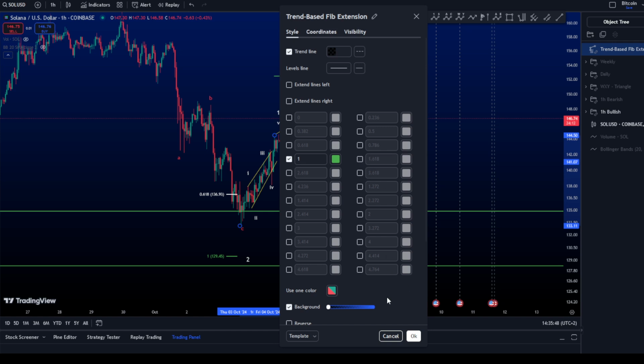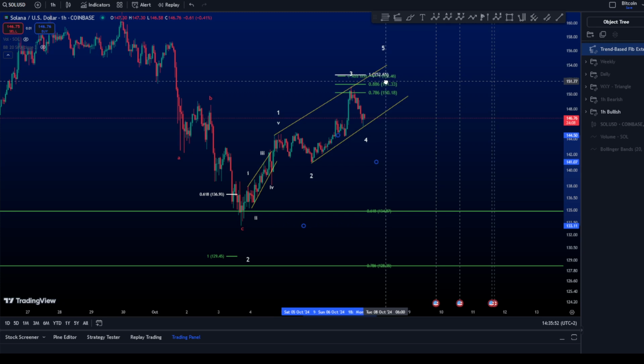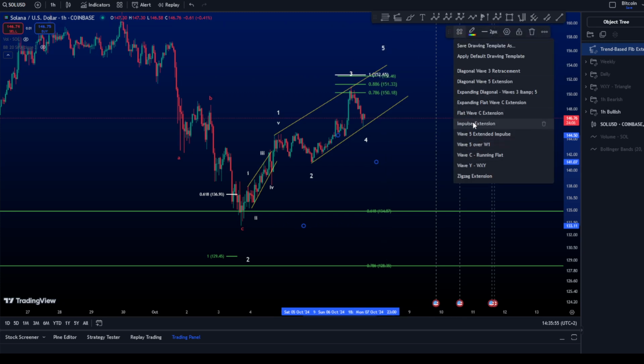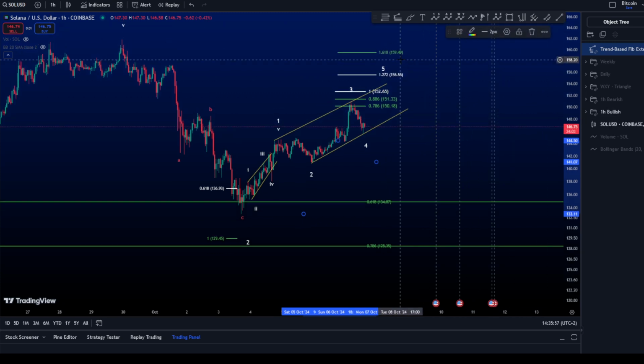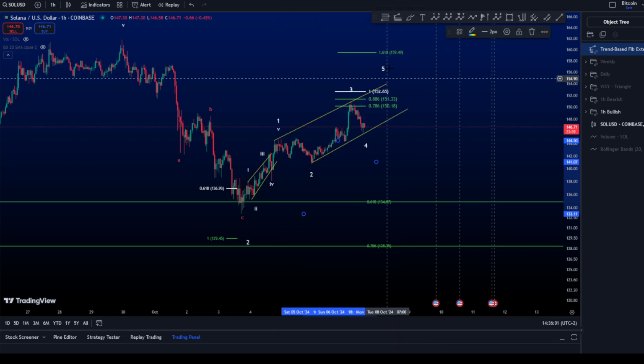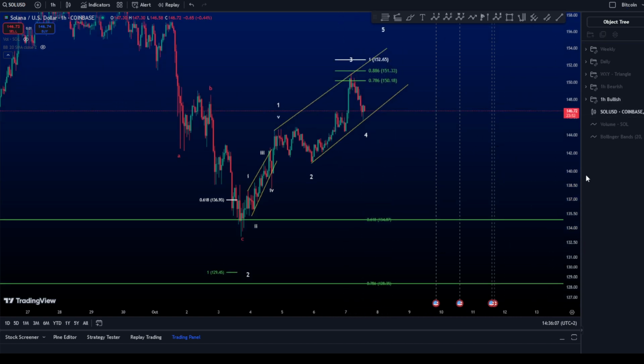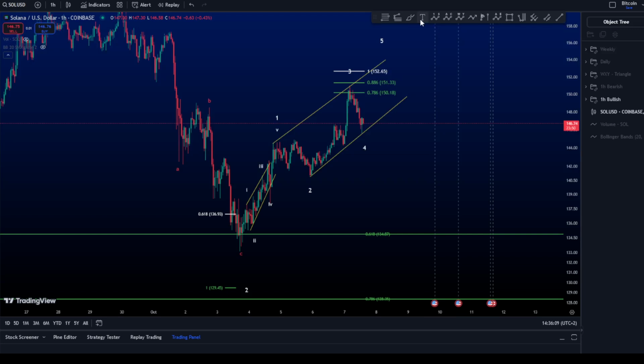Okay, here we go, this is your 1-to-1. It did not reach it, and if we want to transform this to an impulse for a higher wave 3, of course we did not even reach 1.618. But what was touched perfectly was the diagonal wave 3, as fib levels.